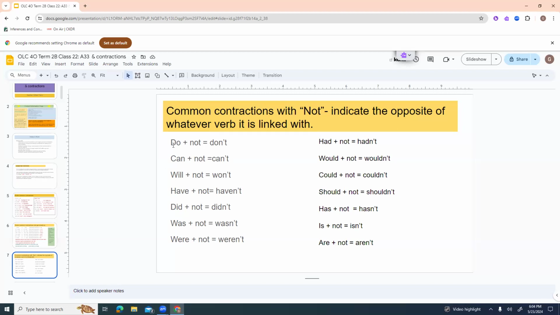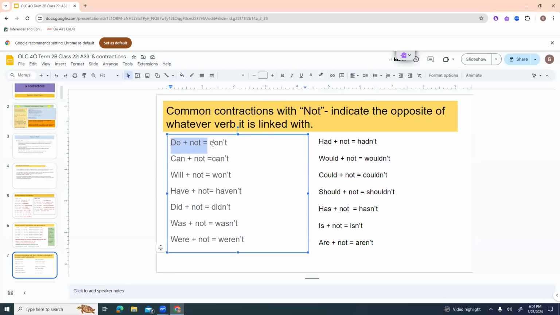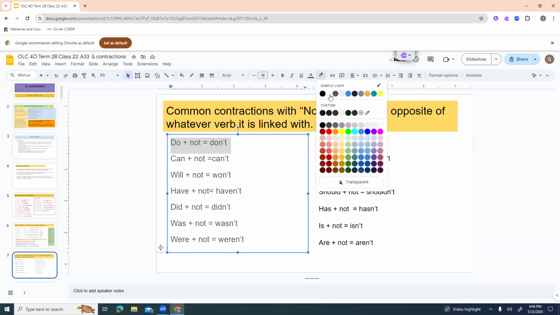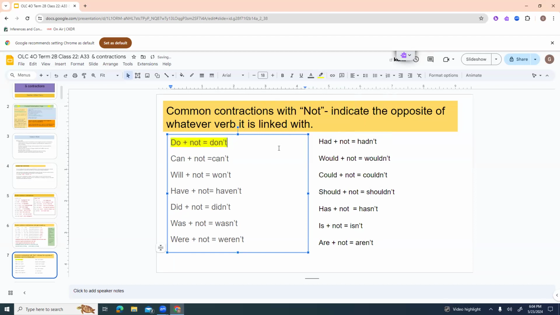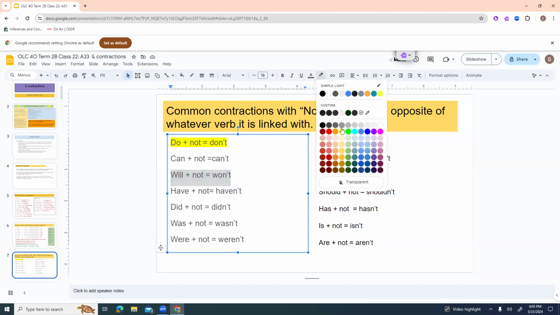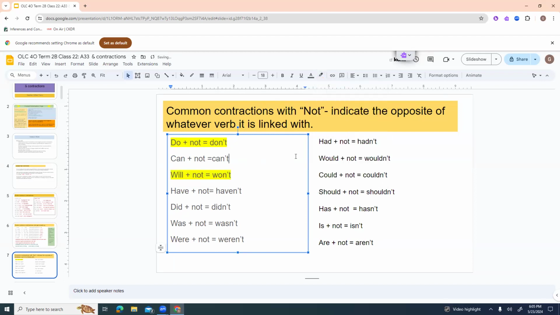Most of those are pretty normal or typical of what you'd expect. The two that are kind of confusing are do and not. It sounds like it should become don't, but we don't say that in English. And then will and not become won't. Again, I think it's just because it's kind of hard to say wilt. We wilt do that. You end up wanting to drop one of those letters.